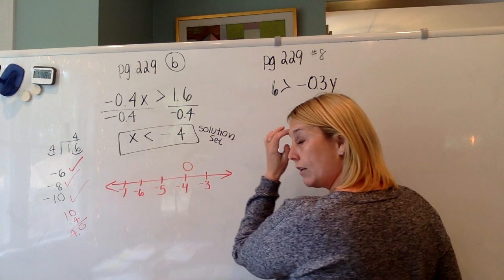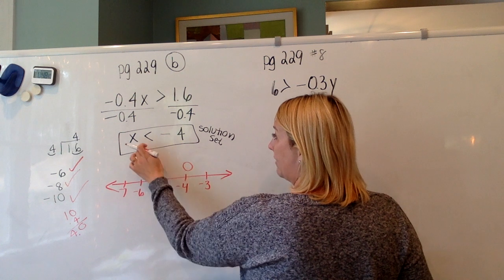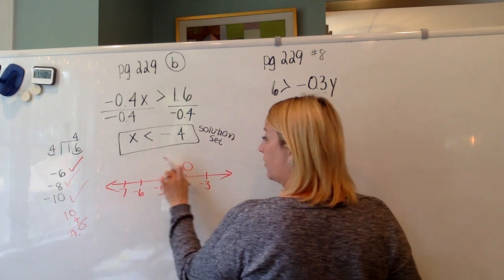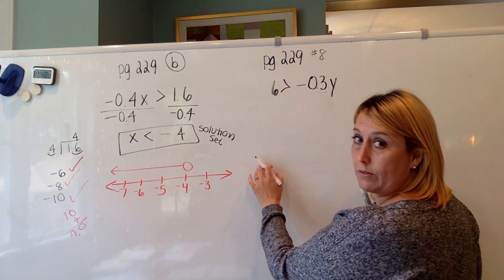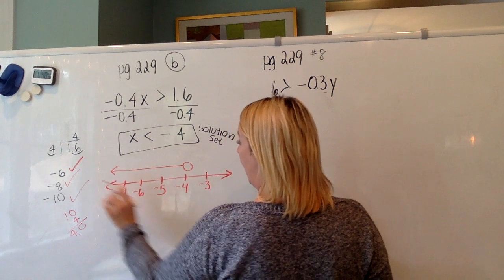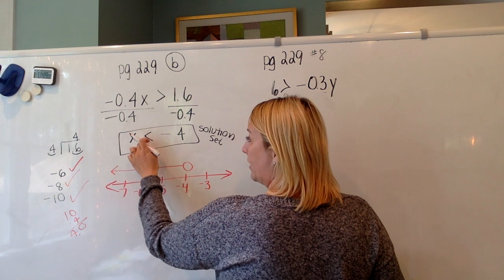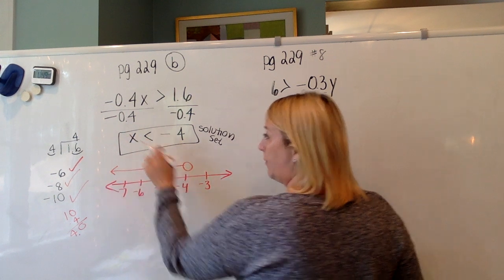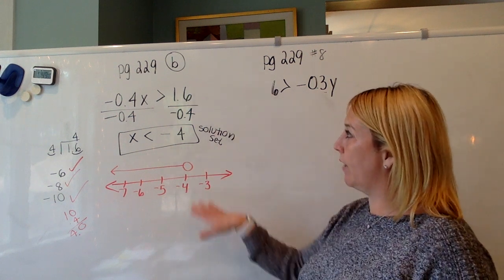It is not a greater than or equal to, so we're going to leave the circle empty. And x has to be less than negative 4, so the direction to be less than negative 4 is to go away from the 0, right? Farther away from 0 is more negative. And of course, if we check our Mr. Luttrell tip, the pointer of our line matches up with the back of the alligator. It's eating the bigger number, so we did that one correctly.